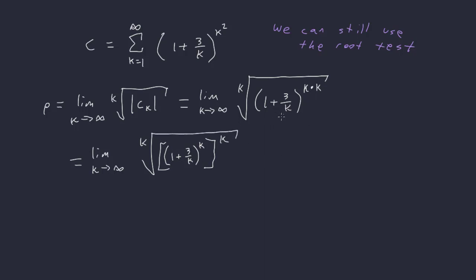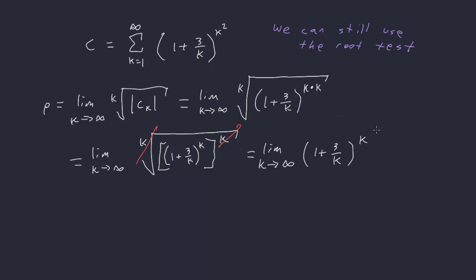Right? Because whenever you raise something to a power and then another power, you multiply the exponents. So it's to the k, so what ends up happening is this cancels with just one of these k's. So this ends up being the limit as k goes to infinity of 1 plus 3 over k raised to the k.